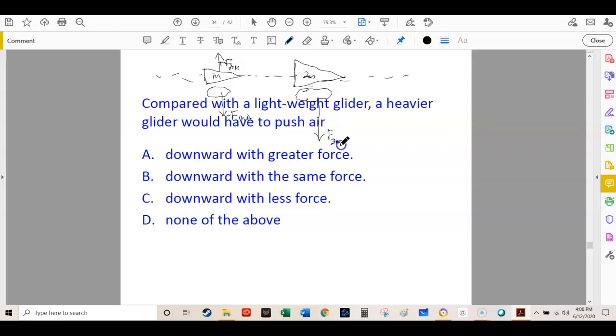So this is a 2-mass object, and in order to maintain the same altitude, it's going to have to push down with twice the amount of force so that the air can push back up on the 2-mass object. So with a greater force. That's the answer.